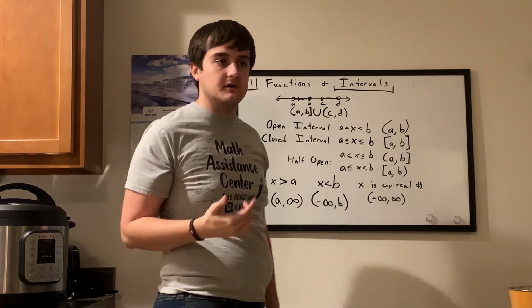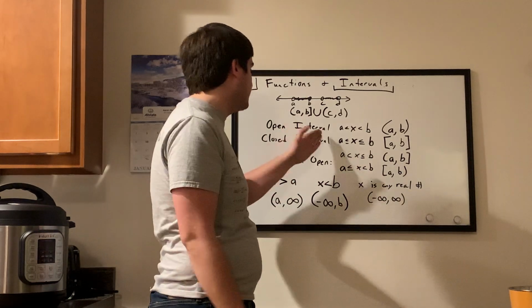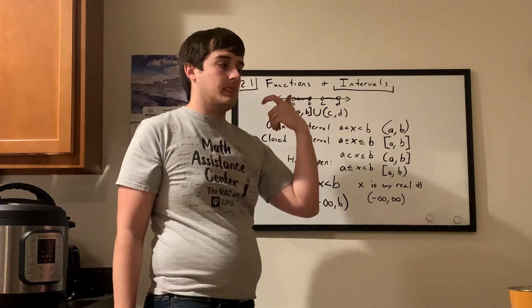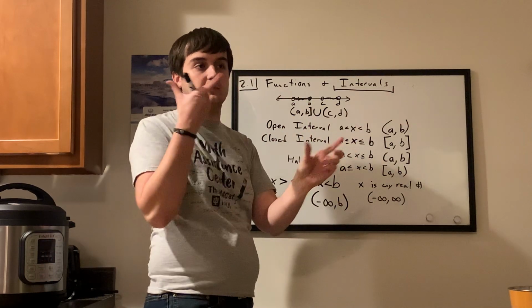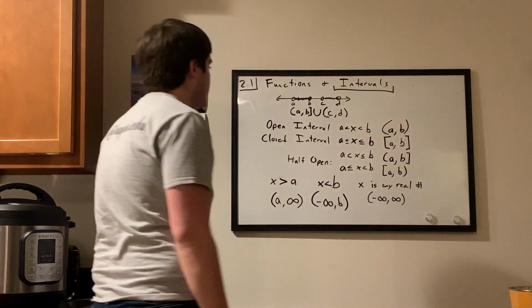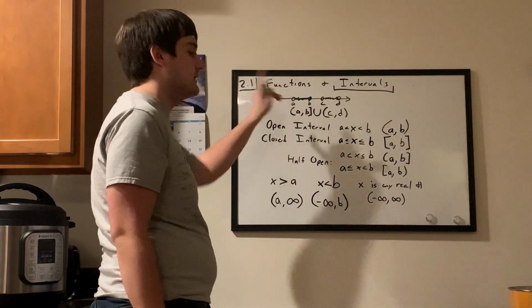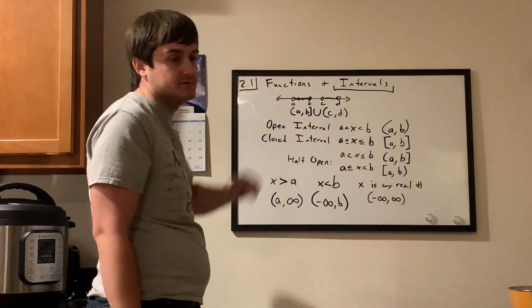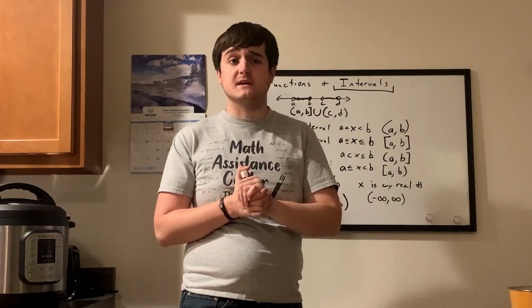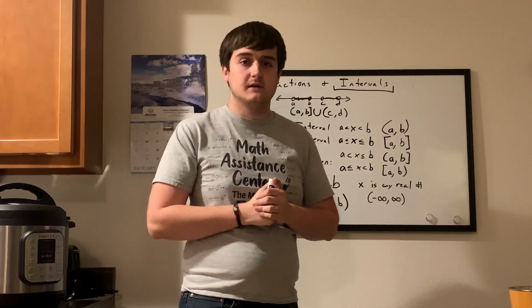I'm pulling them together. This will be useful when we get to here, to basically say that it's okay to pull from here and here, so I'm going to bunch them together. Great. So anytime you have two separate intervals, you can pull them together by using this U. Awesome. With that all being said, that is intervals.